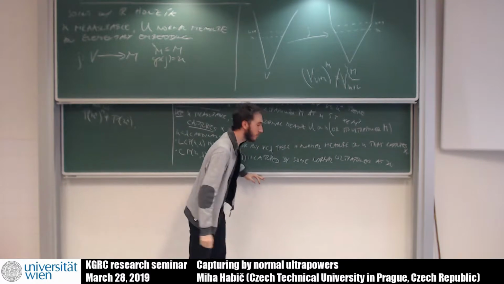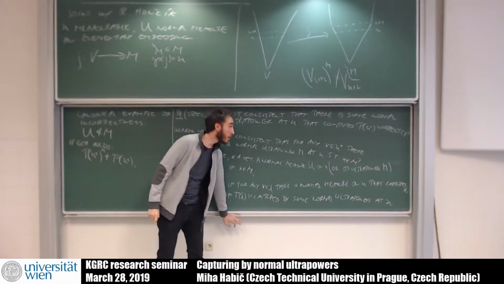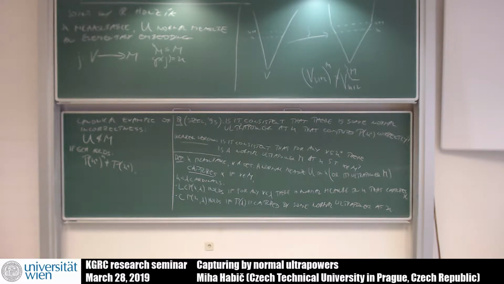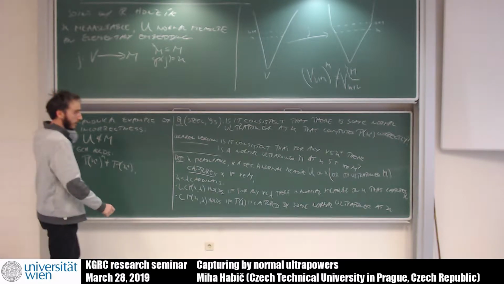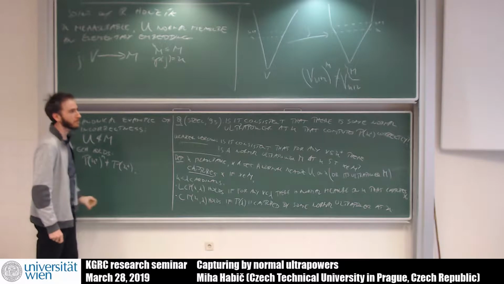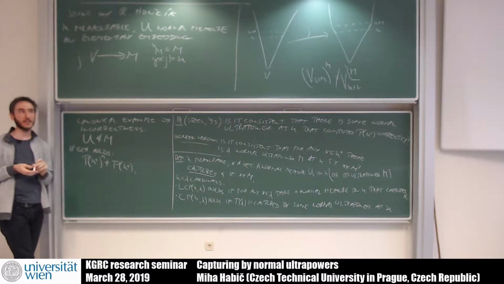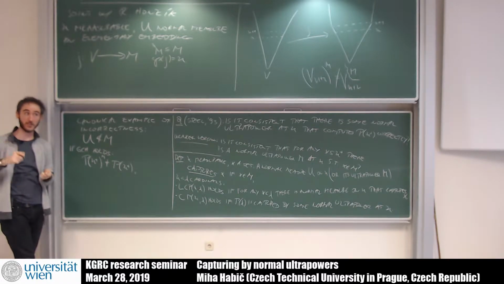There's a question: is normal relevant here? If you normalize the measure, does it change? Normal is relevant because if I have just any embedding that captures a lot of things, but it's not necessarily a normal ultrapower, then there's the typical way of factoring out the normal ultrapower.